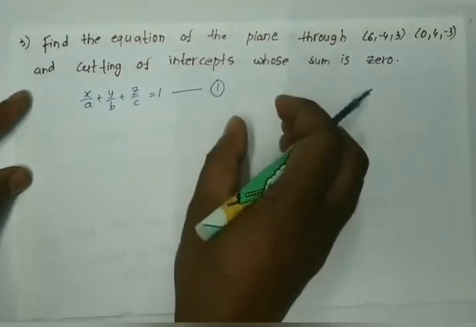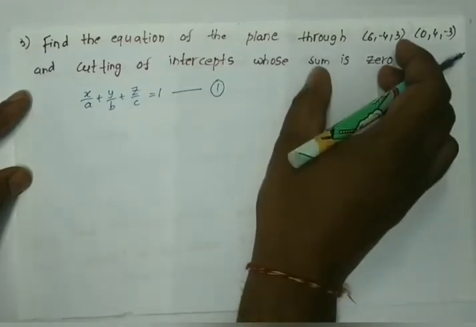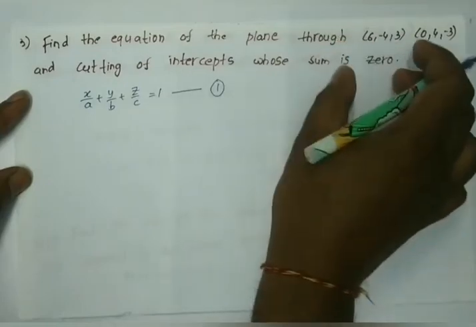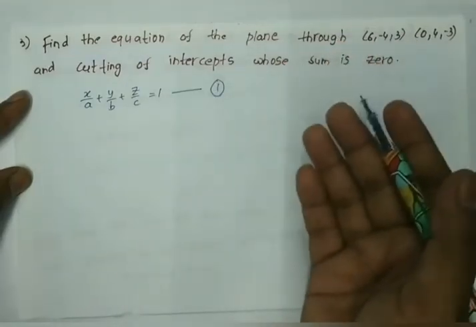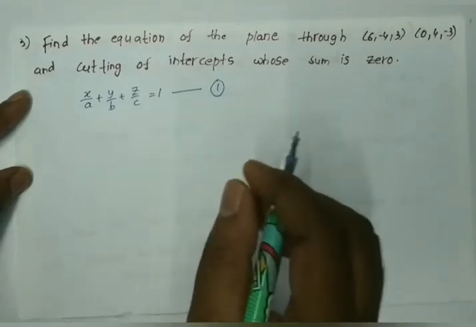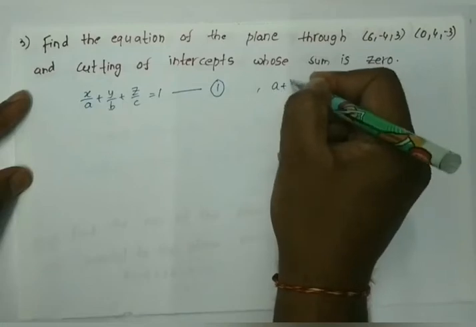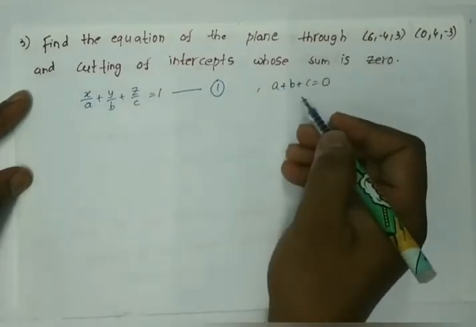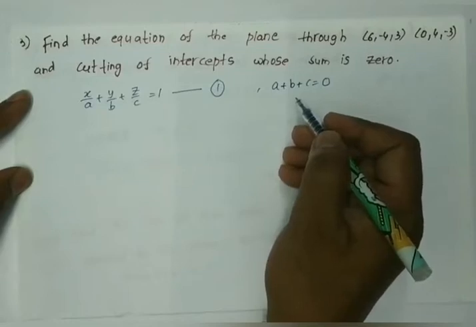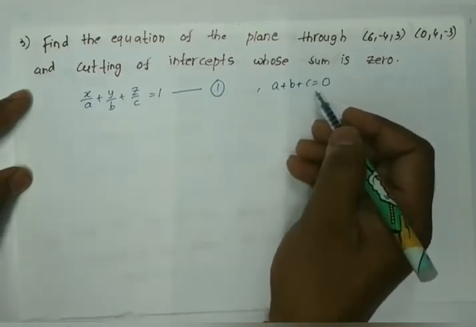But given that the sum of intercepts is 0, so here we have a plus b plus c is equal to 0, because a, b, c are intercepts.